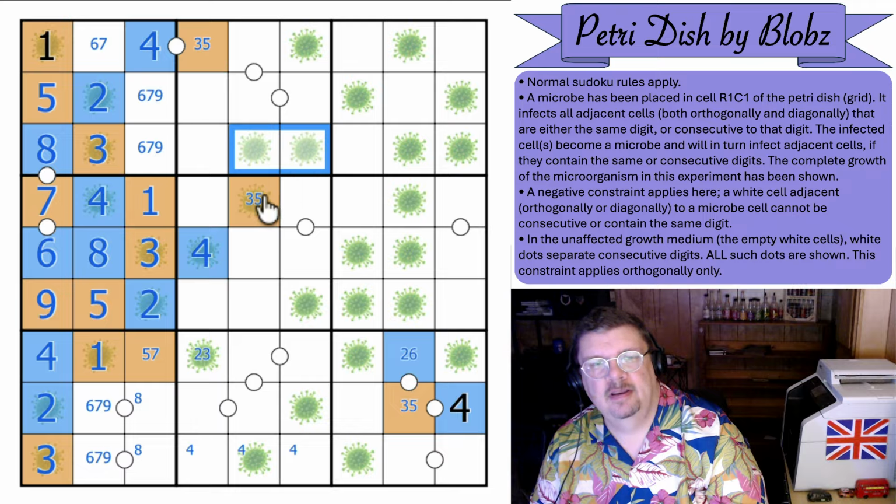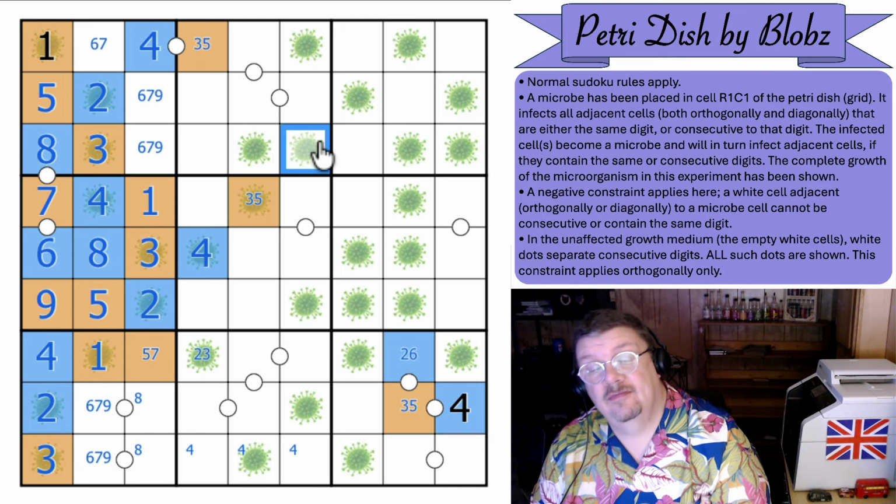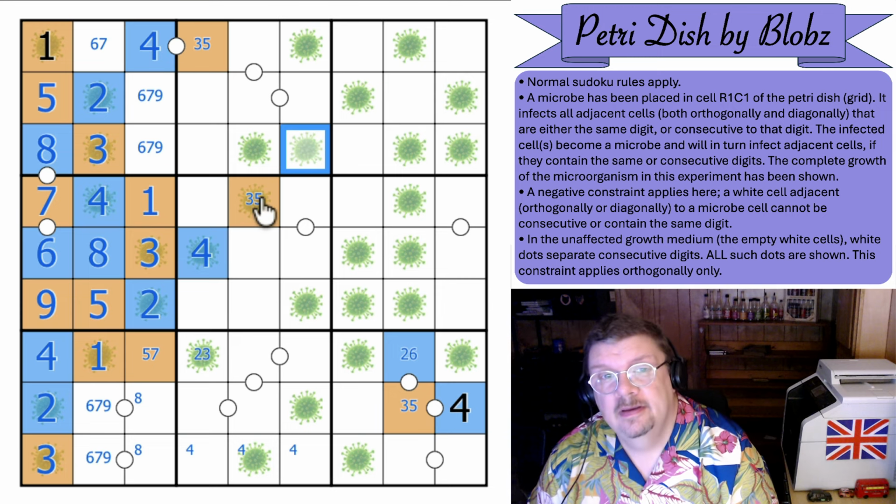If that's a 5, we could get 4 or 6 there. We could get a 4-6 pair if they're both directly infected, or that in fact could be a 5. If that were 4 or 6 and was infected first, that could be 5 or 7.